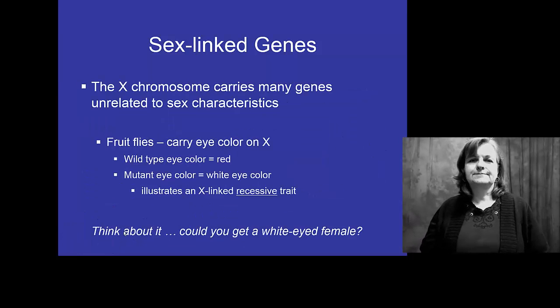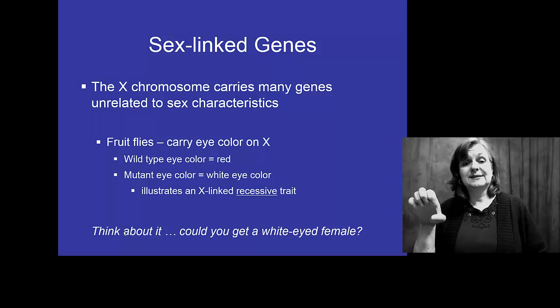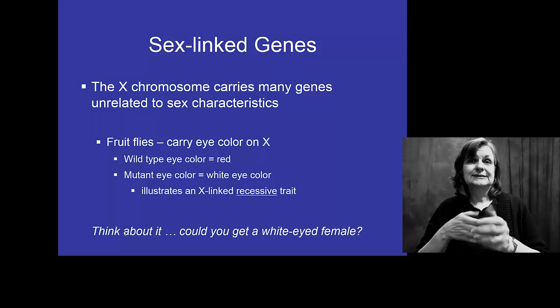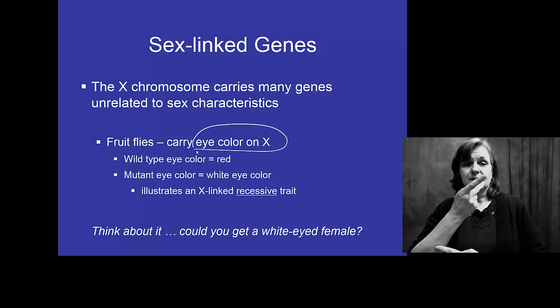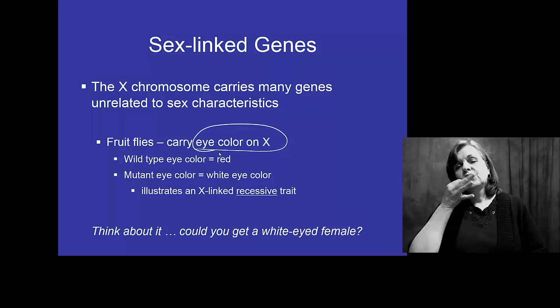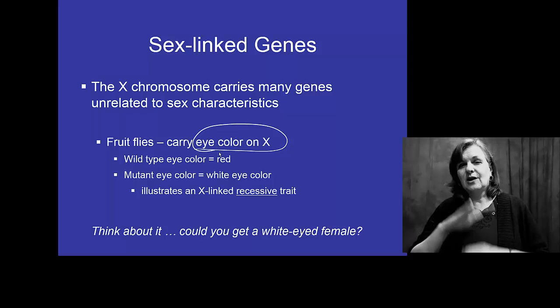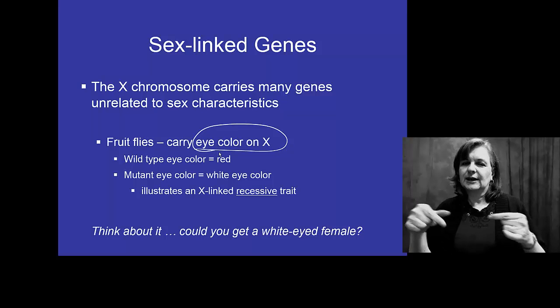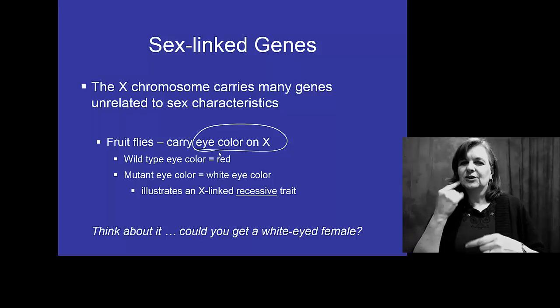So in some species, we look at this being an indicator of particular phenotypes. Fruit flies actually carry eye color on their X chromosome. So again, with fruit flies as a poster child for genetics, we can look at eye color as an indicator of whether or not particular genes have been inherited.